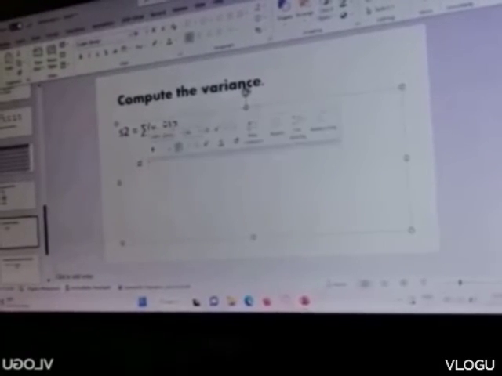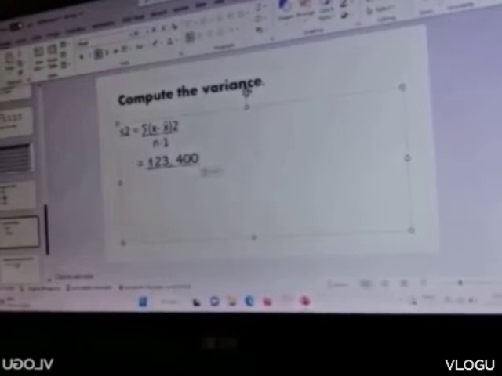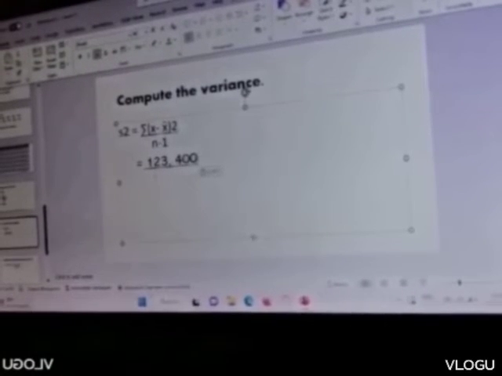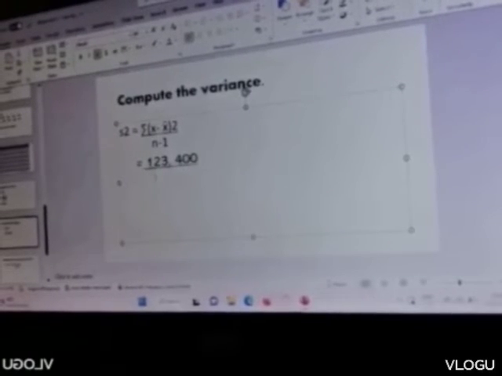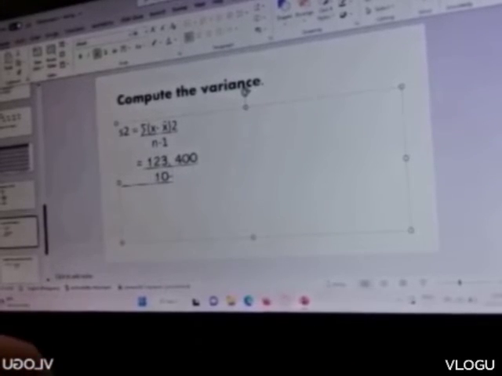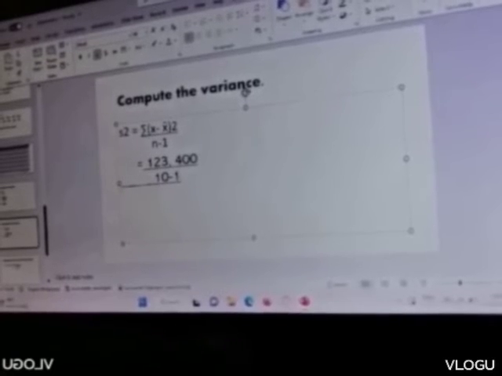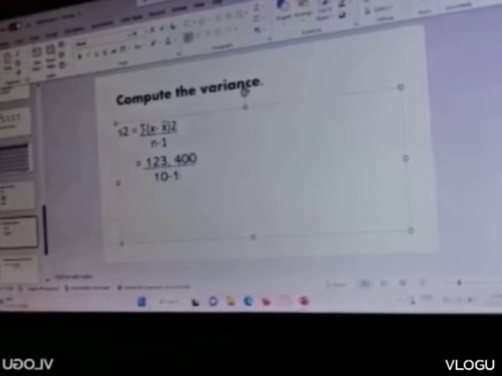This is where we have given 123,400 divided by 10 minus 1.